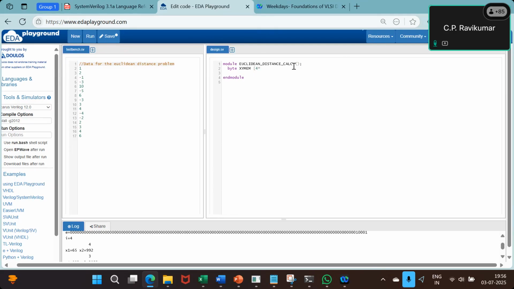So that could be a parameter here. For XY memory, there are four things to be stored for every pair of points: X1, Y1, X2, Y2. So maybe n points is not the correct thing. N point pairs.